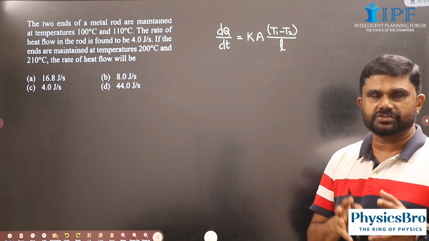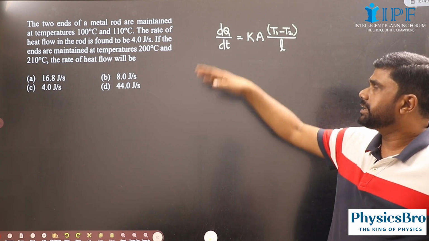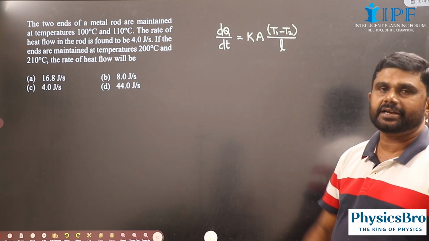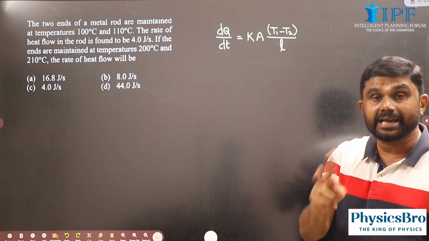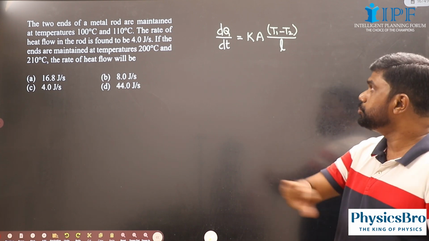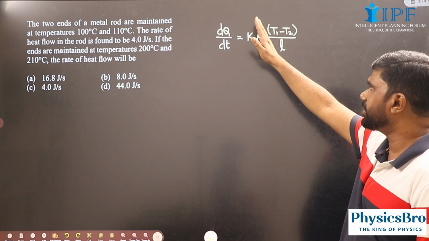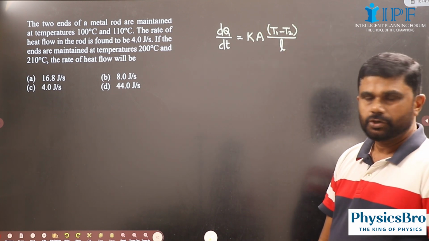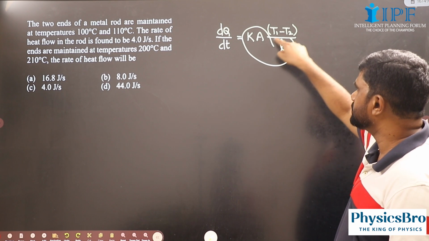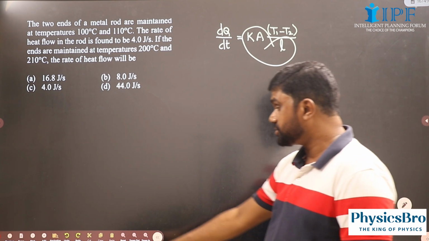We have two cases. In the first case, the temperatures at the two ends are 100 and 110 and the difference is 10 degrees Celsius. In the second case, the same rod is used, so there is no change in conductivity, cross-sectional area or length. These three factors remain unchanged.